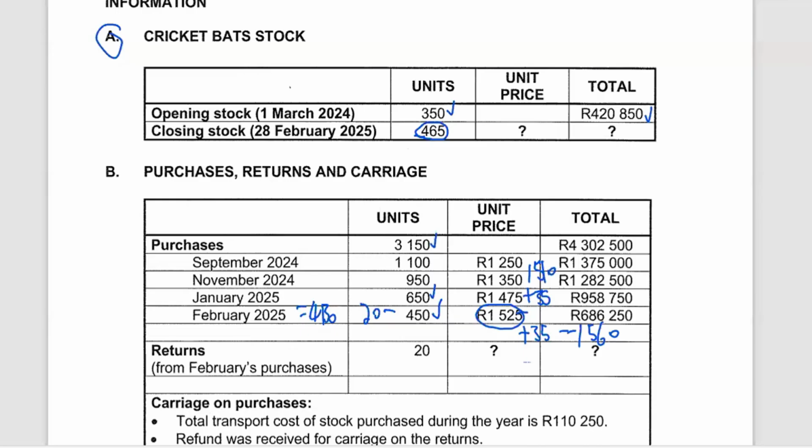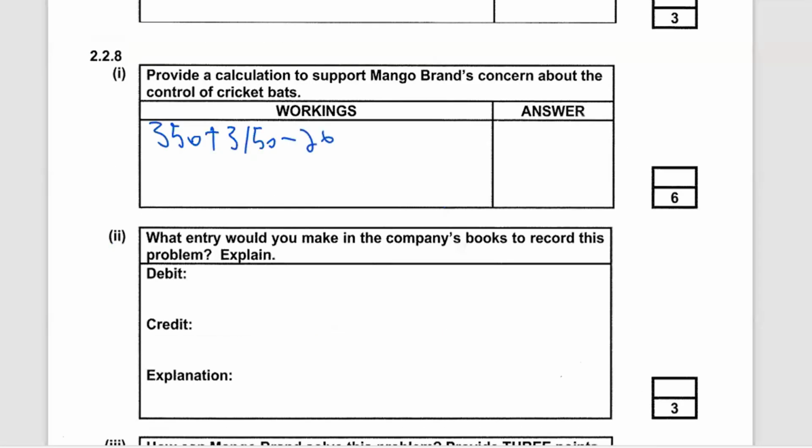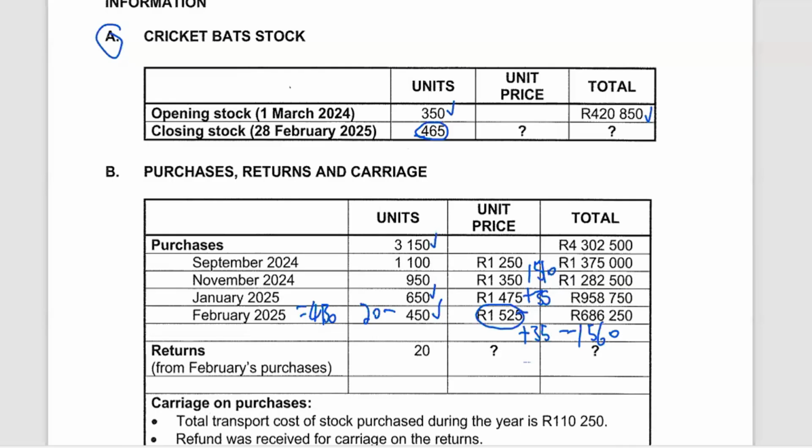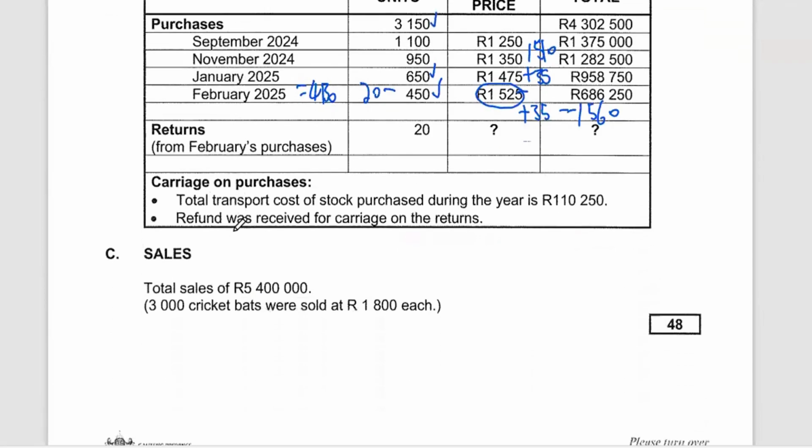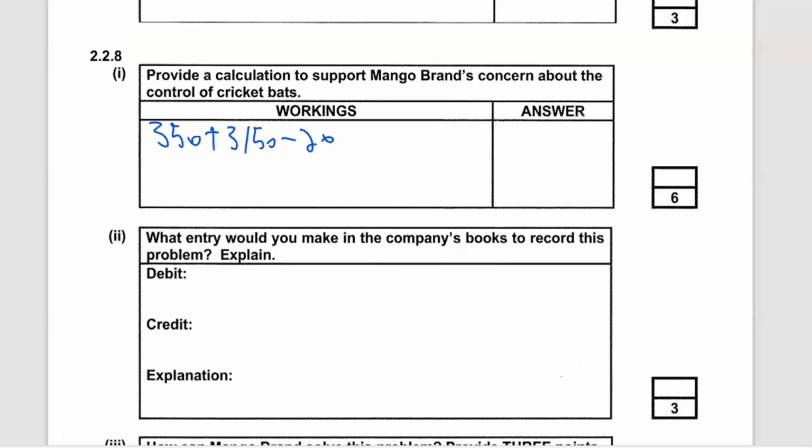Then minus the units that you have returned, which is 20 units. Then also minus the units that you have sold, which is 3,000 units. We get our answer, which is 480 units.